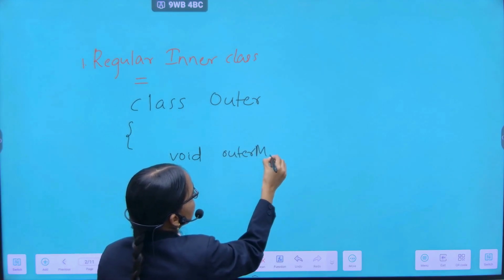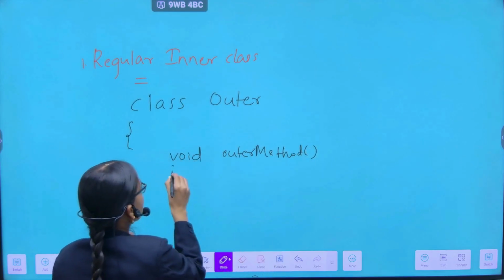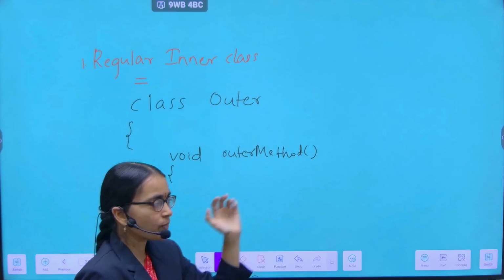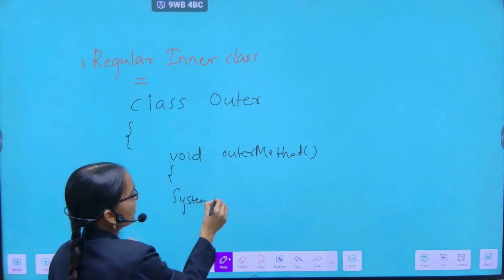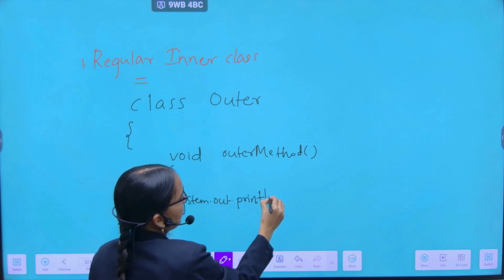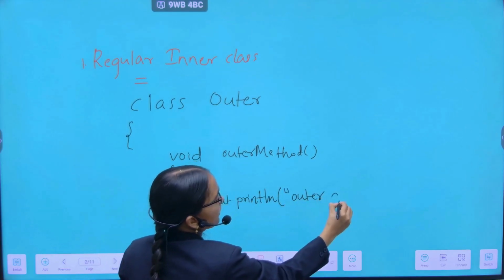Outer method will just print a statement: System.out.println("This is an outer class method").